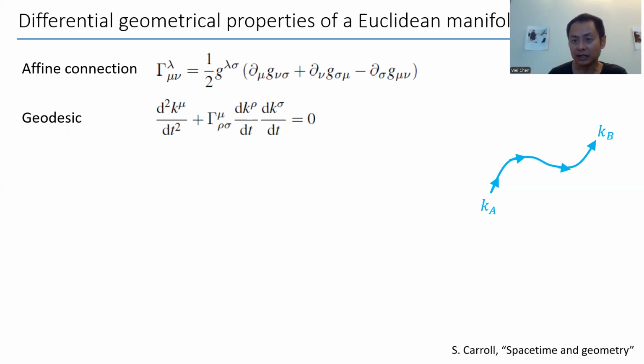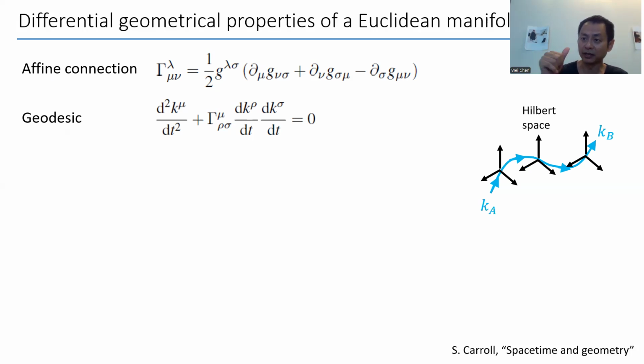You imagine that at each point you can assign a Hilbert space because each point defines a quantum state, right? And so the quantum state is like a unit vector at every point in the Hilbert space. But as you move from Ka to Kb, this unit vector keeps rotating in the Hilbert space.